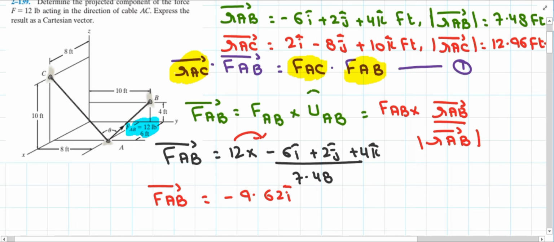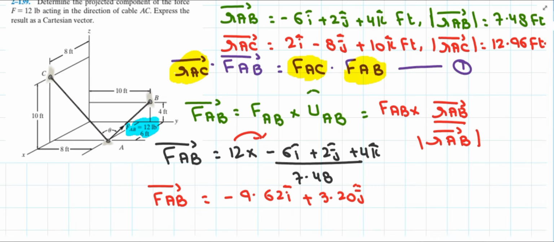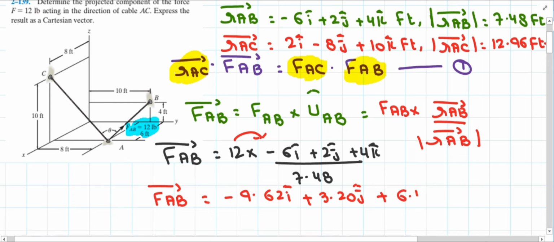Similarly, 12 times positive 2 divided by 7.48 is positive 3.20 j cap. And lastly, 12 times 4 divided by 7.48 is positive 6.41 k cap pound. Now we have successfully found the vectorial form of force AB.